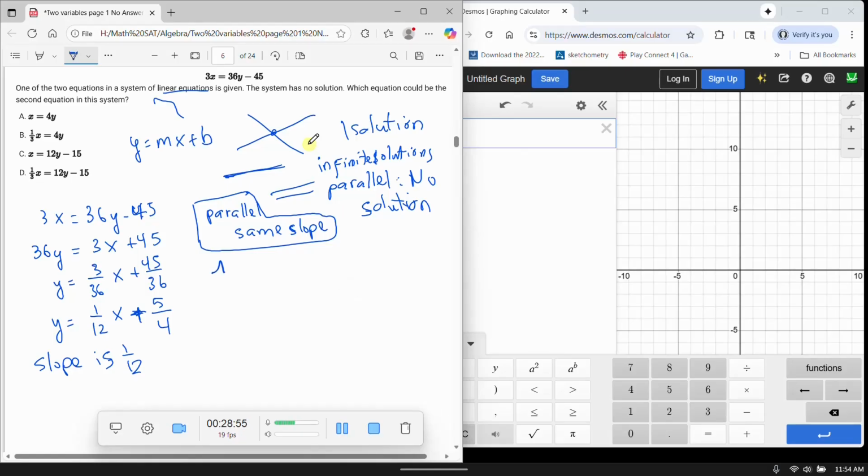Okay, for A, what do we get? If we divide it by 4, we get y equals 1 over 4 x. So this is no. They have to have the same slope. For B, we divide everything by 4 and flip it around, so y equals 1 over 12 x.